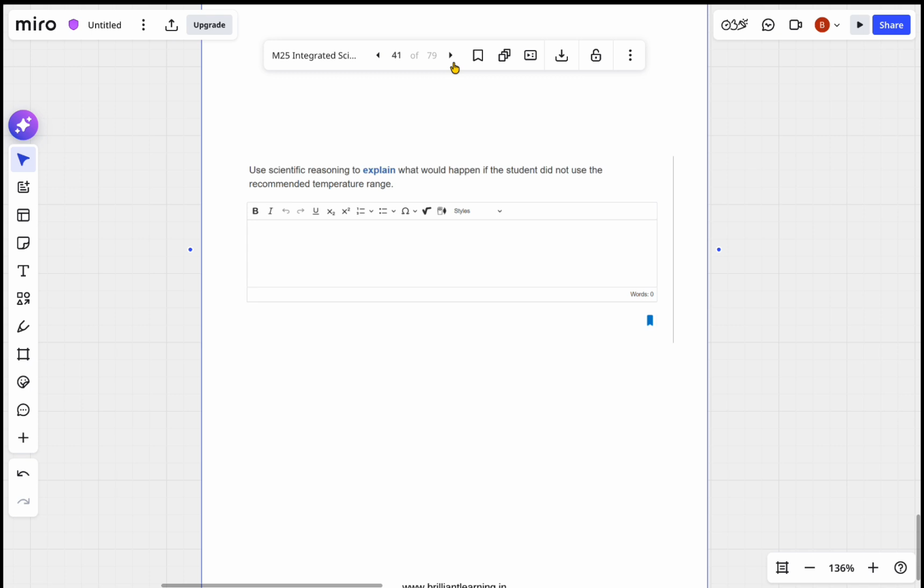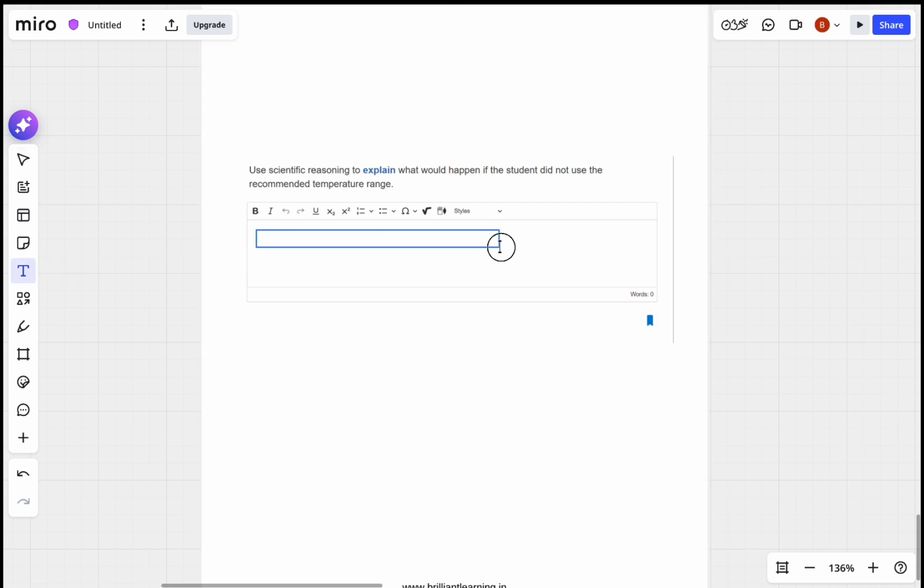Let's say that we store it at 19 degrees Celsius, which is way below the temperature range. So what might happen? Obviously the brine shrimps won't hatch properly. They will not develop and they won't hatch. So that can be one point.